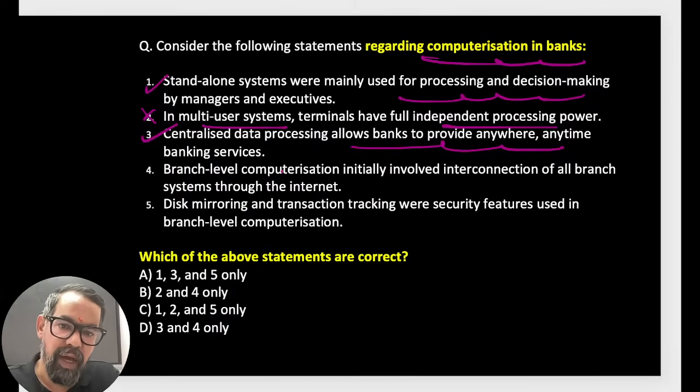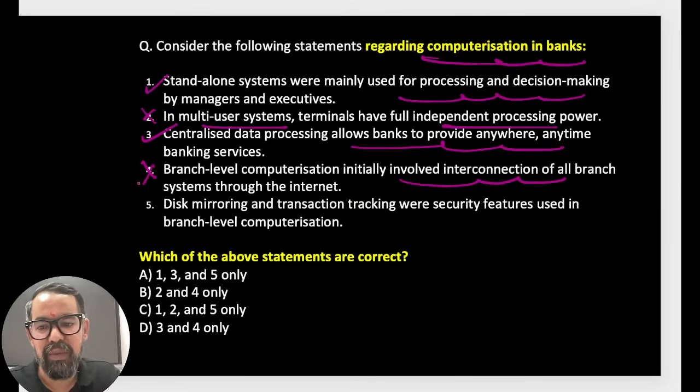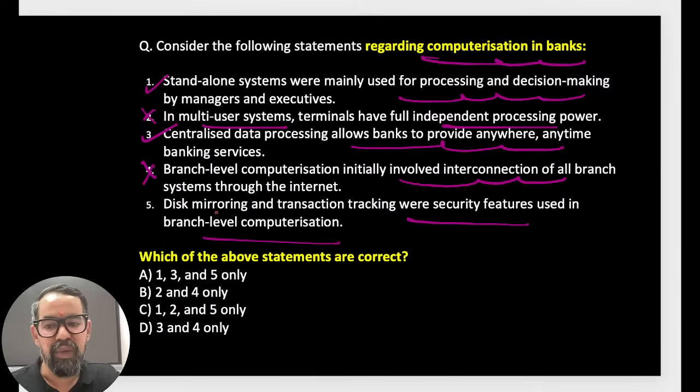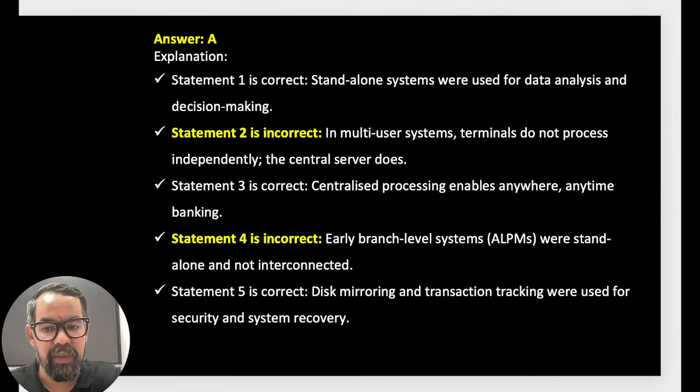The next one, branch level computerization initially involved interconnection of all branches. No, there is no interconnection between all branches; every branch level system is separate, so that should be the wrong statement. Disk mirroring and transaction tracking were security features used in branch level computerization. Yes. So statements 1, 3 and 5 are correct, 100% option A will be the right answer for this question.